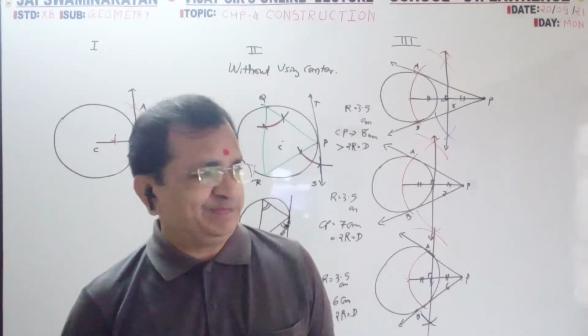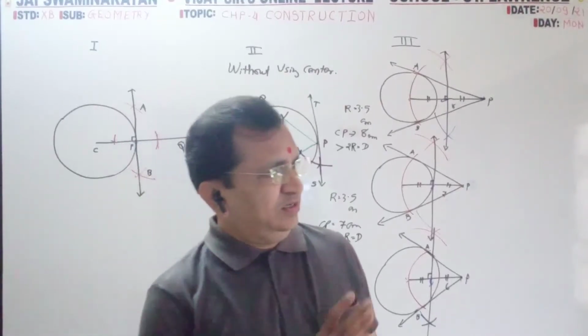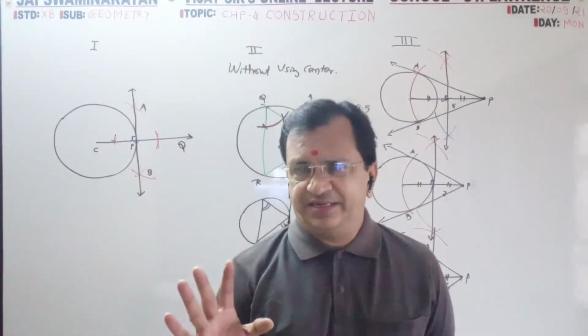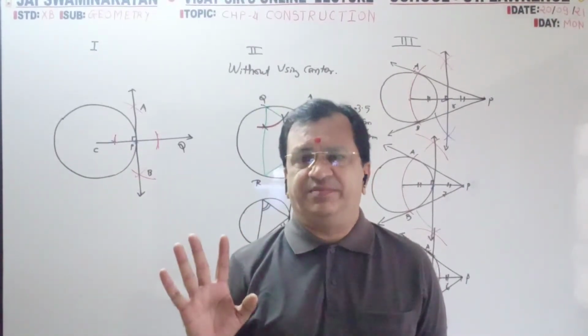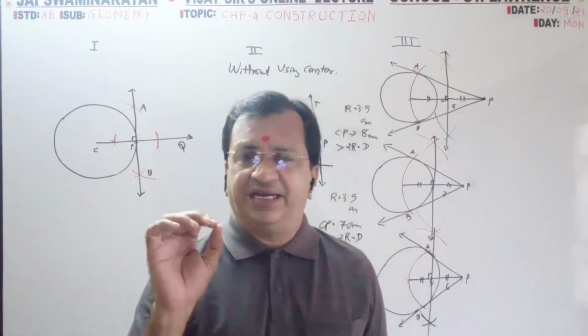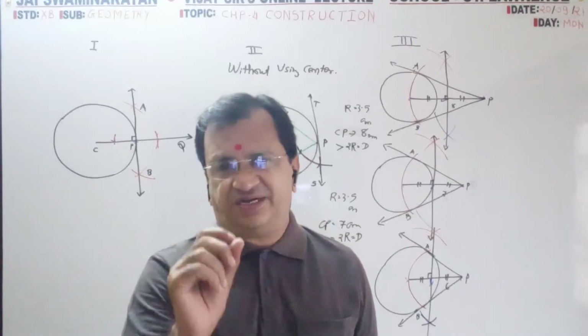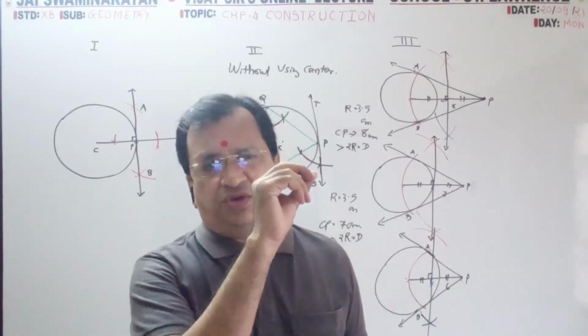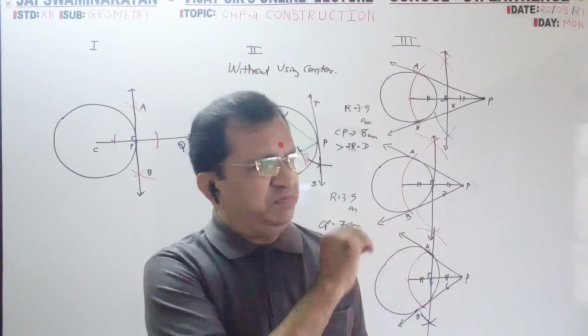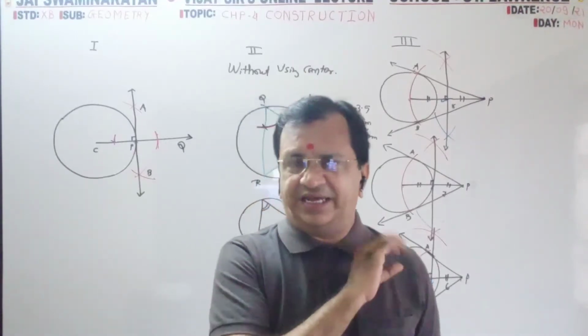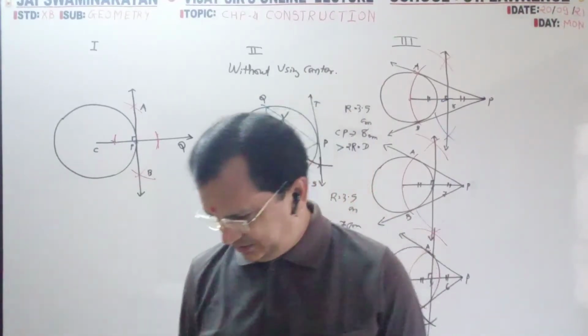Then complete the diagram as per the requirement. At the end, write the alphabet, write the measurement, and check the question number exactly. Question number 4, A, third; question number 3, B, second, like that. Exactly addressing.